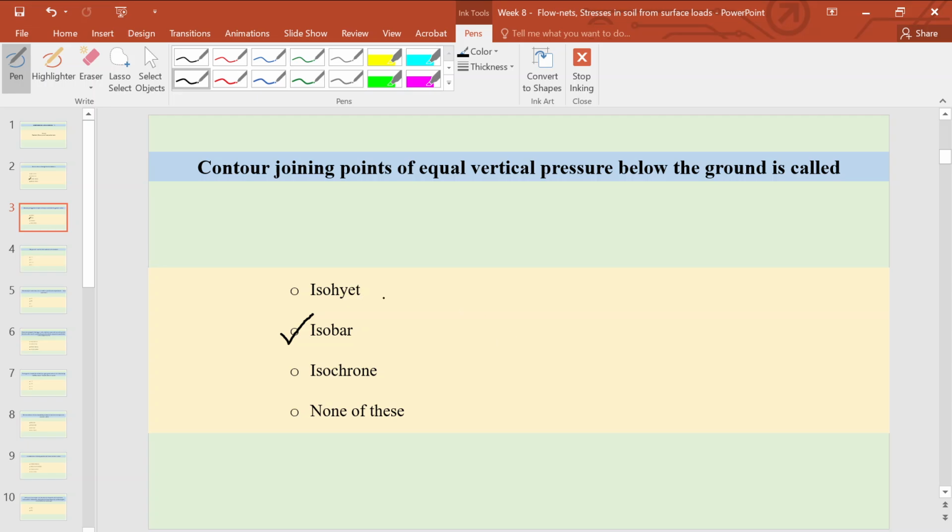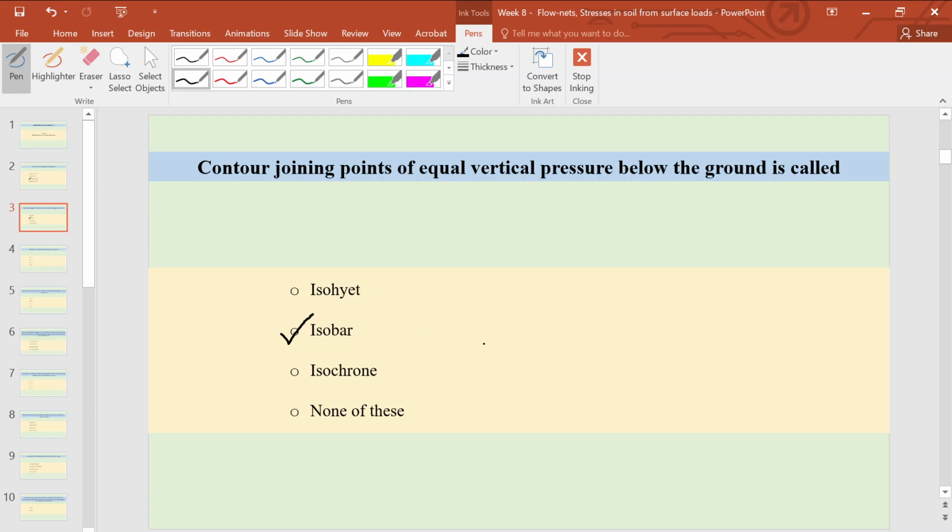So, what is an isochrone? Line joining the points of equal precipitation in hydrology. Yes, an isochrone. Line joining the points of hydrodynamic pressure. Yes, sir, U bar in consolidation chapter.